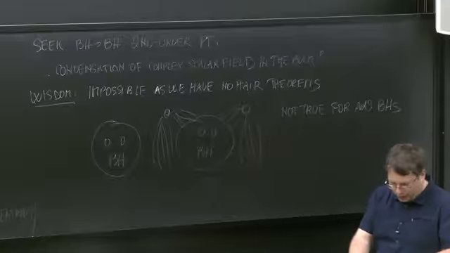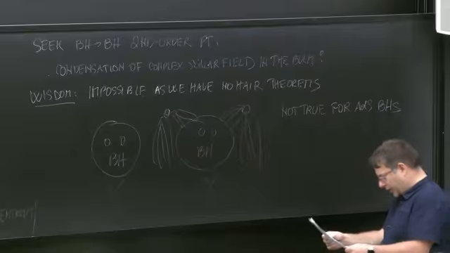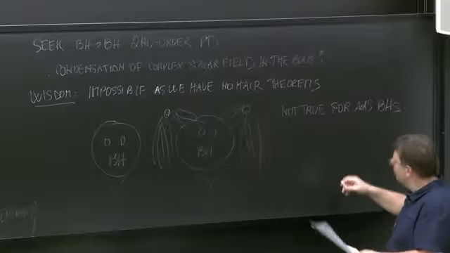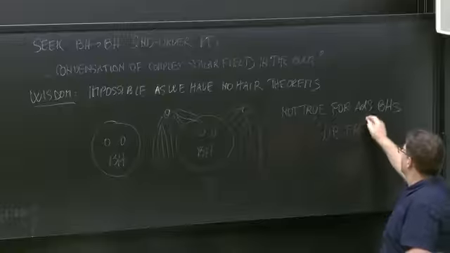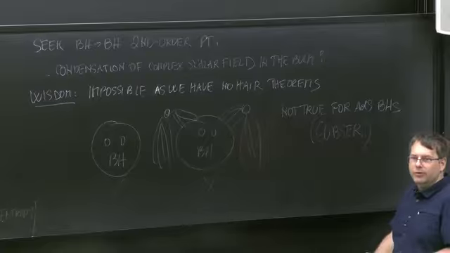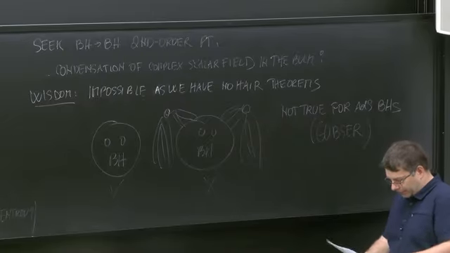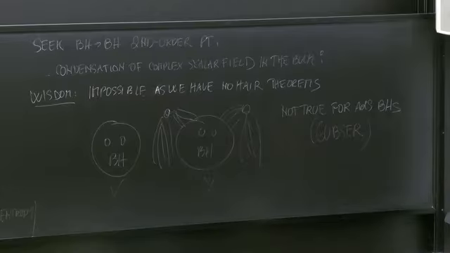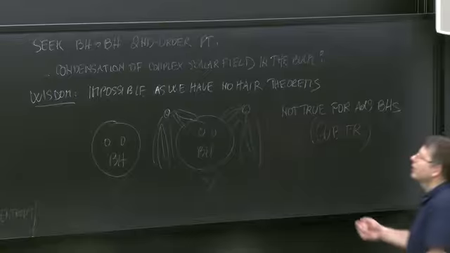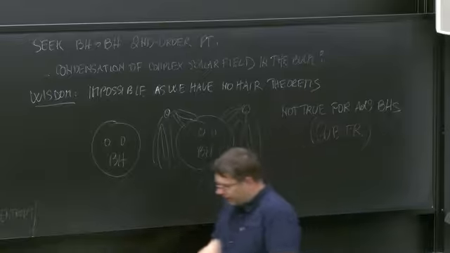And this was first shown by Gubser, I think 2000 something. You can have hairy black holes if you are in AdS. In fact, you can have hairy black holes in the asymptotically flat case as well, but the theory must be much more complicated. But here you can just have a scalar field.